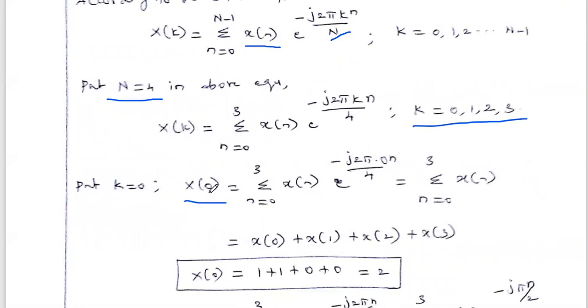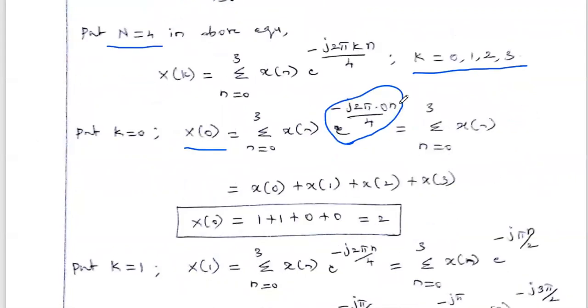We get X of 0 equal to summation n equal to 0 to 3 of x of n e power minus j 2 pi k n divided by 4, where k is 0. Since e power 0 is 1, the equation reduces to summation n equal to 0 to 3 of x of n. Next we have to expand this summation.